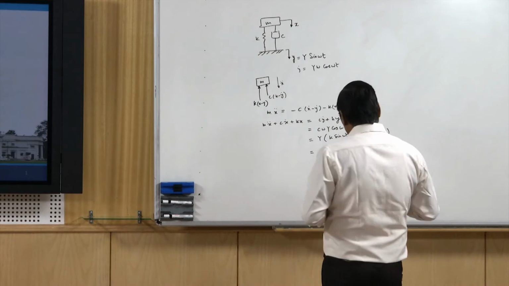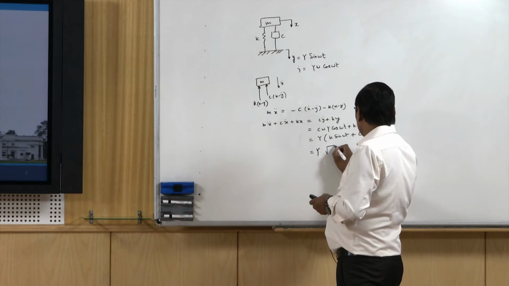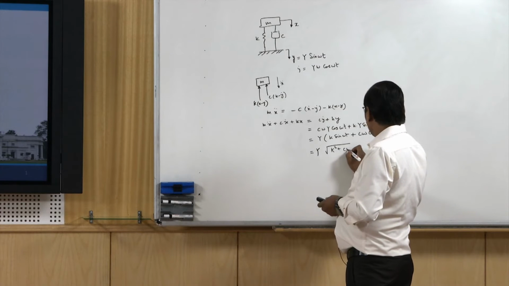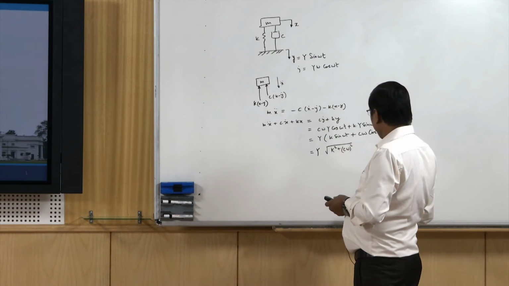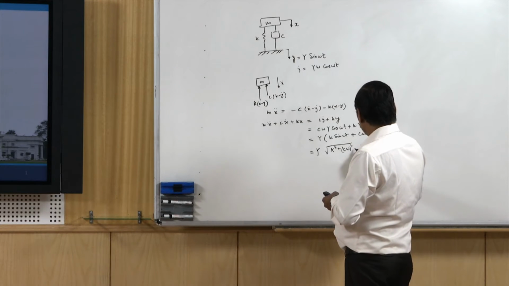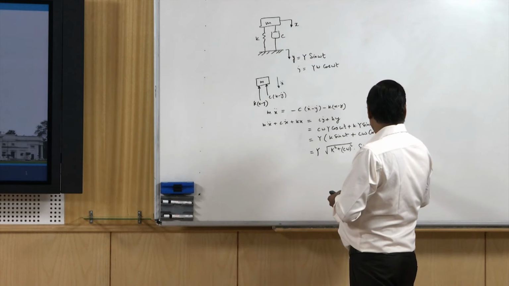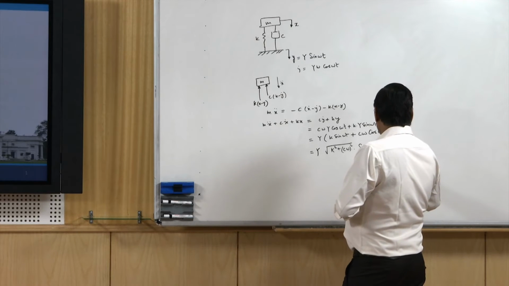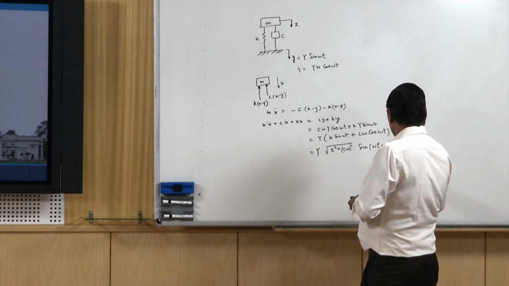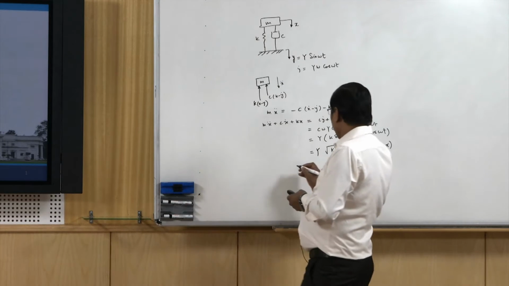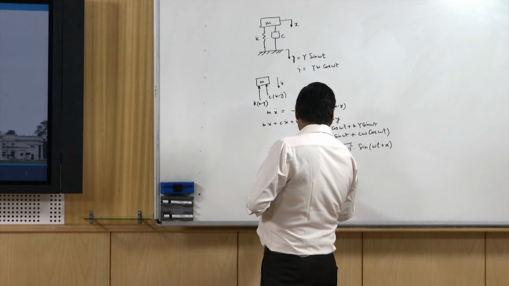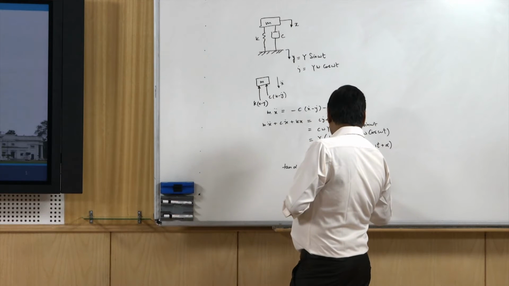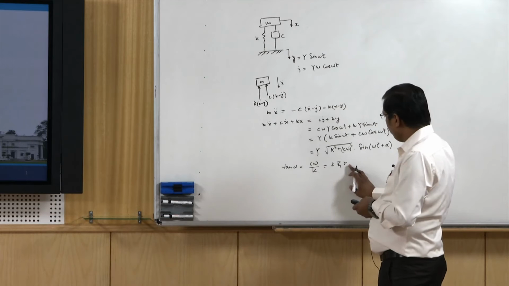So the amplitude will be Y under root k square plus (c omega) square, and this will be sin(omega t plus some phase), let's say alpha, where tan alpha equal to c omega by k equal to 2 zeta r, where r equal to omega by omega n.